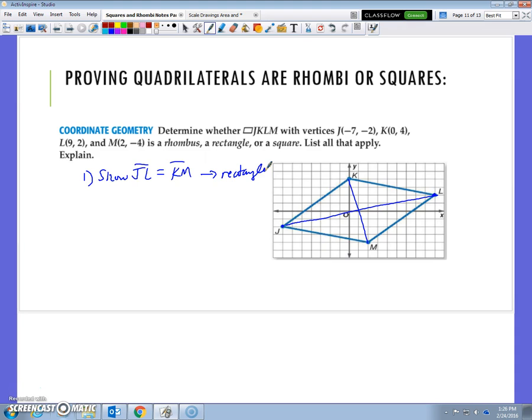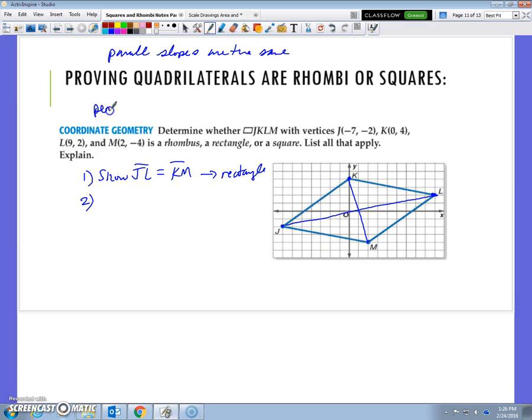We already know it's a parallelogram, so we know the slopes of the opposite sides are already parallel. The next thing I would need to do is check if it's a rhombus. We would have to know that the slopes of these are perpendicular to one another. This will be the first time that I think we've talked about perpendicular slopes. We know parallel slopes are the same.